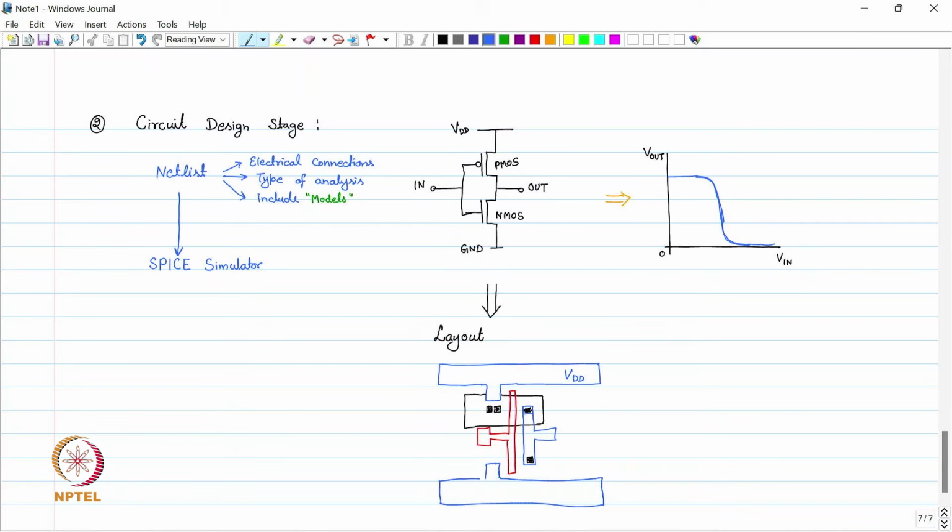This is the ground rail. This section is NMOS and this section is PMOS.